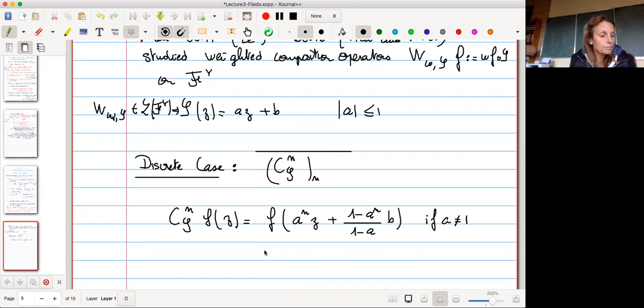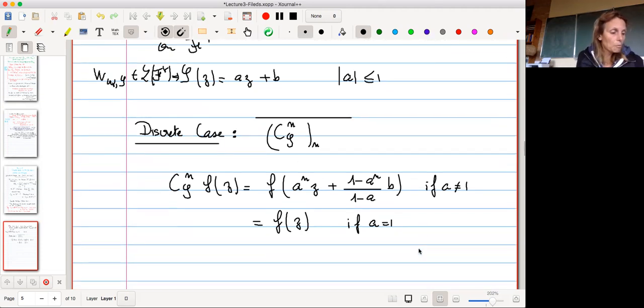Or this is just the identity map if a equals 1, because in the case where the modulus of a is equal to 1, b must be 0, so that C phi is well defined. And to study the asymptotic behavior of that, once more, we use Nagel's result I mentioned yesterday.